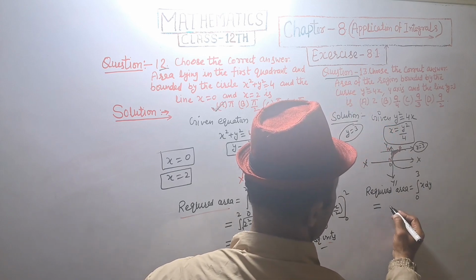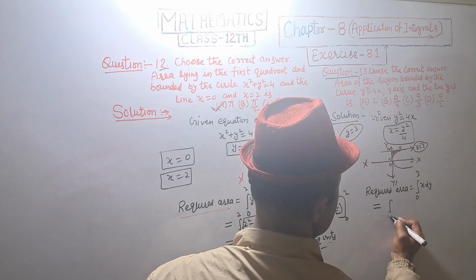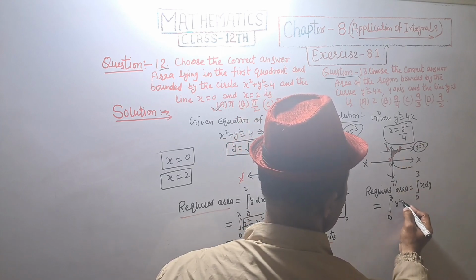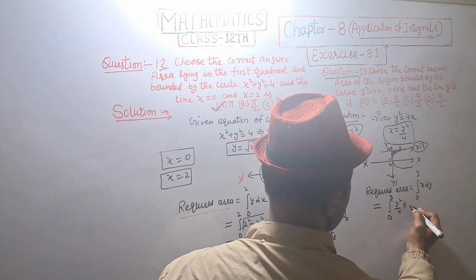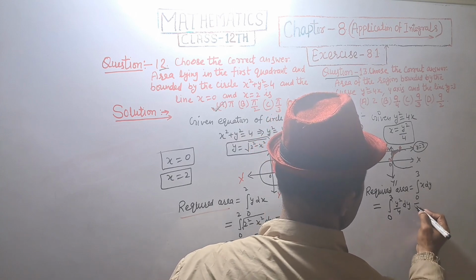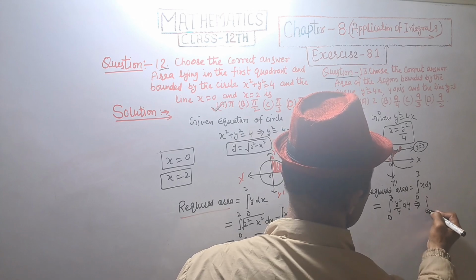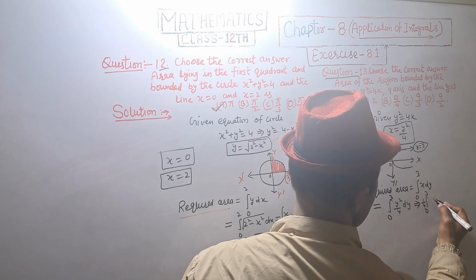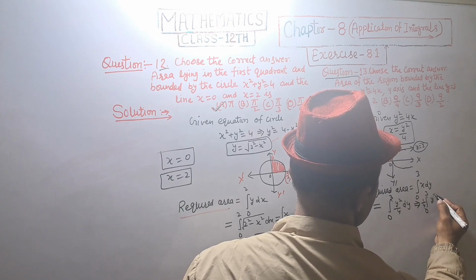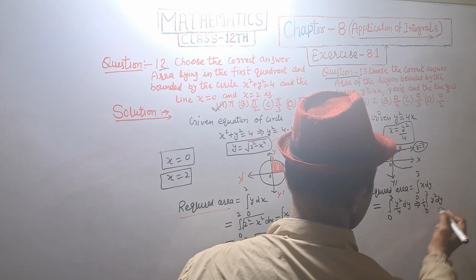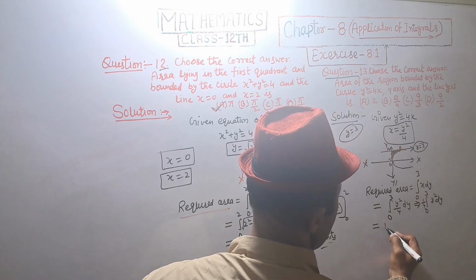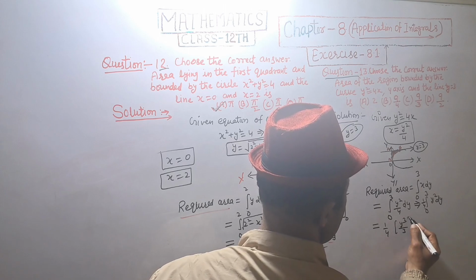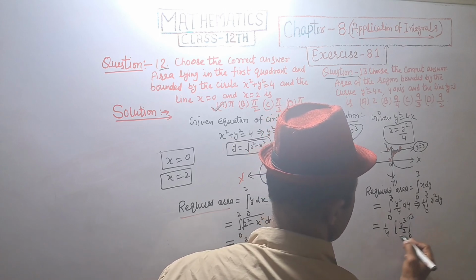That is equal to integration of 0 to 3, x is y square upon 4 dy, which implies 0 to 3 limit and 1 upon 4 y raised to power 2 dy. That is equal to 1 by 4 into y raised to power 3 upon 3, limit lies 0 to 3.